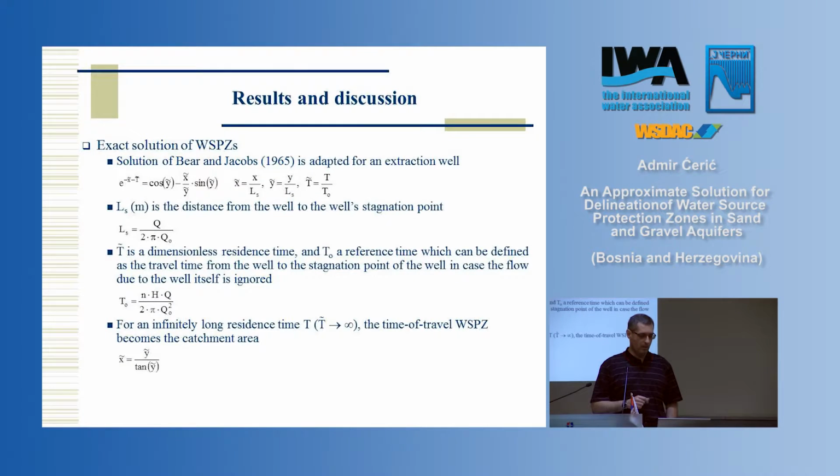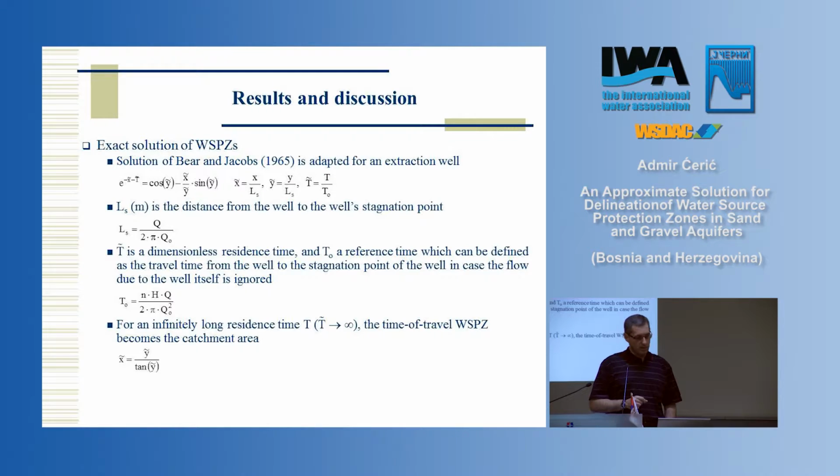As you can see, these x and y tilde parameters are coordinates of the protection zone in a dimensionless form. This parameter ls, which is used for normalization of this equation, is actually the distance from the well to the stagnation point of the well. I will show it shortly on the next slide.